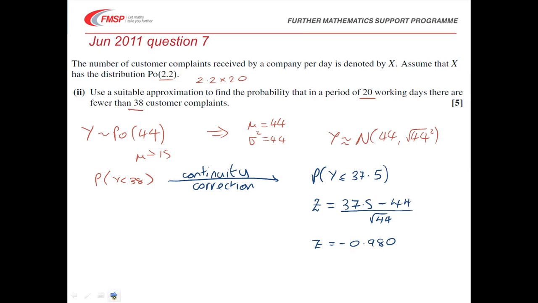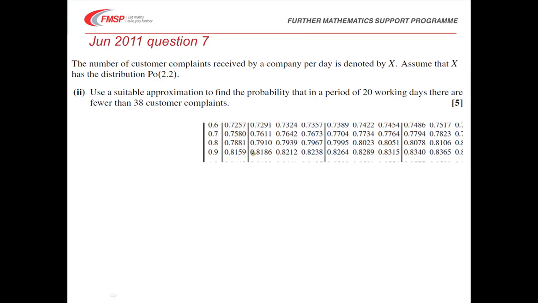So going to my table again, we look up 0.980, so this is just a segment of it. So z is 0.980, which actually corresponds to this one. Okay, this was your 8s, this is your 0.9s.